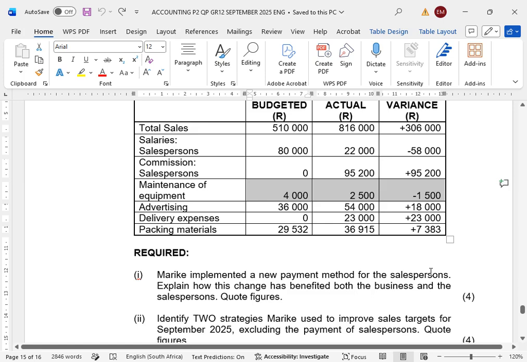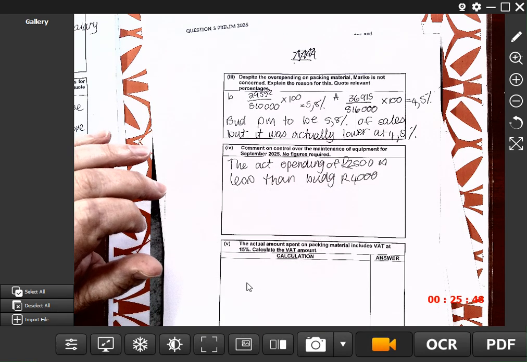So the actual spending of 2.5 is less than budgeted 4,000. Is this good or bad? Is this a good thing to underspend?